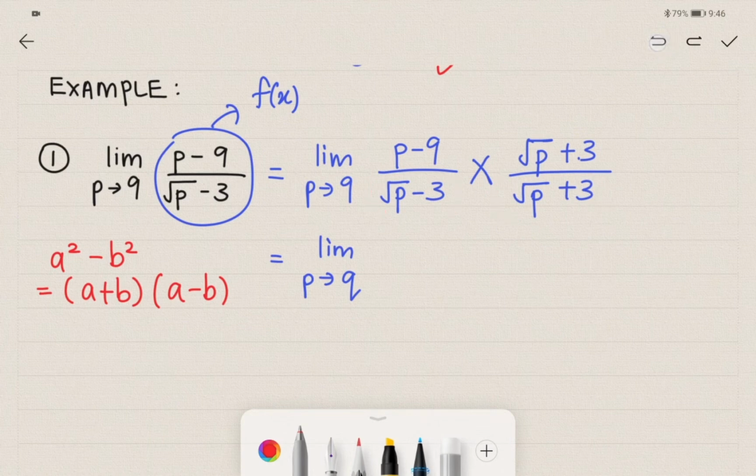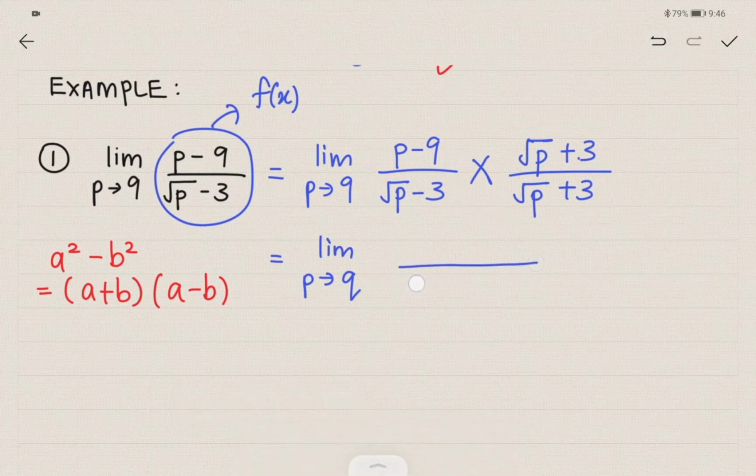What we can get for the denominator is p minus 9. How can we get 9? This one is actually 3 squared, so what we get is square root of p squared minus 3 squared, which gives p minus 9.